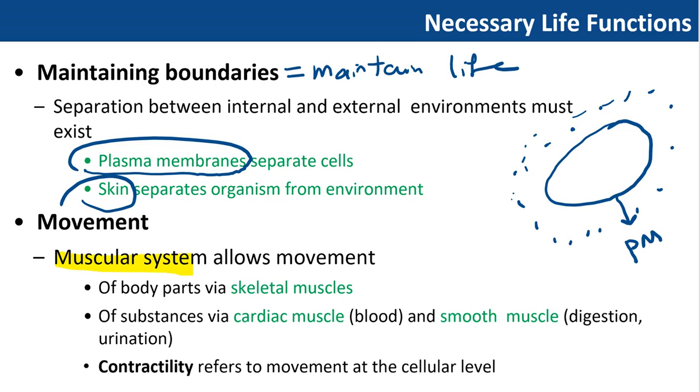Movement of some substances like our blood, food, and urine is going to happen in our body through our cardiac muscle function and smooth muscle function. The movement at the cellular level is called contractility.